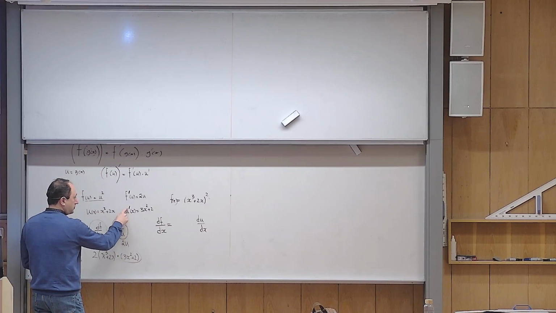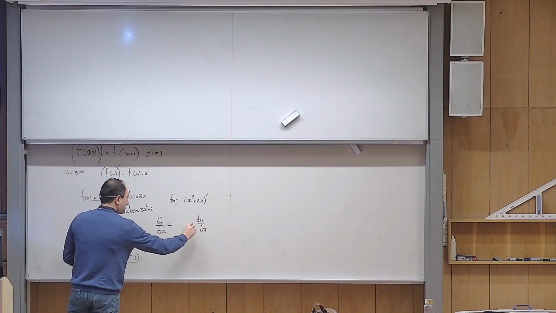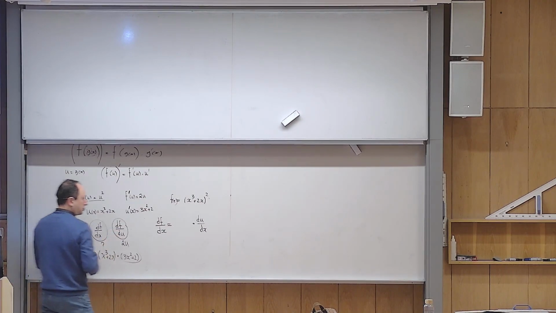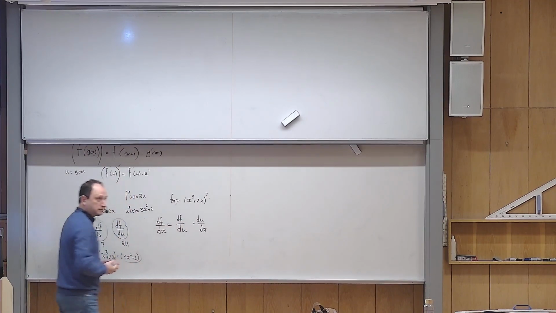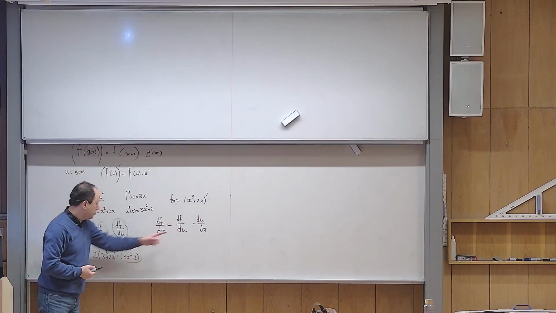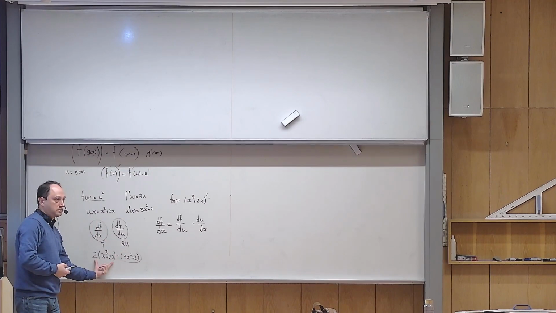But what is u prime? It means the derivative of u with respect to its variable x, multiplied by this quantity, which is the derivative of f with respect to u. Yes? Because the derivative of f with respect to u, you told me, is 2u, and u itself is this guy, so 2u becomes exactly this.